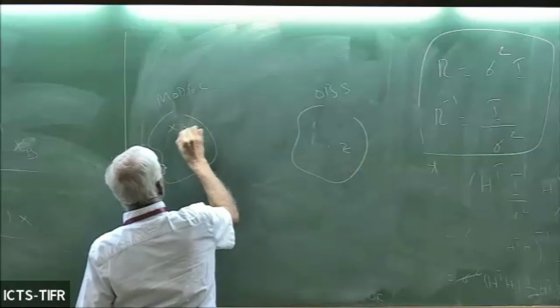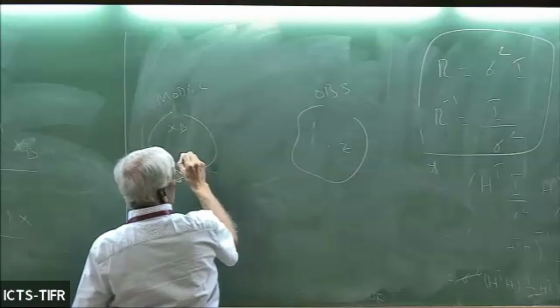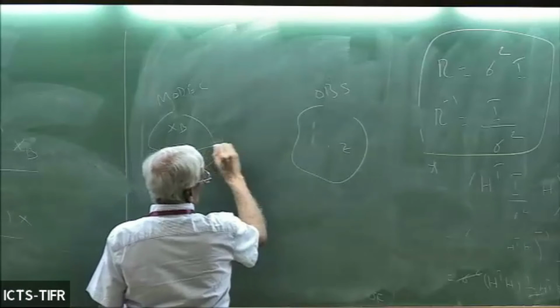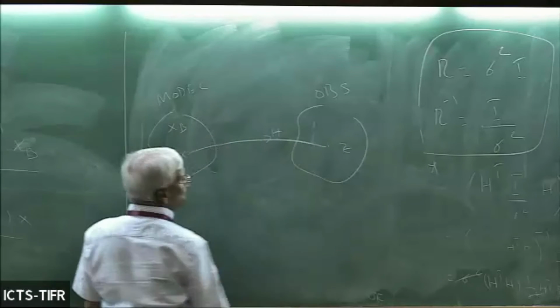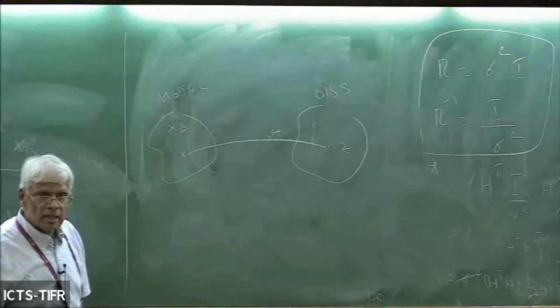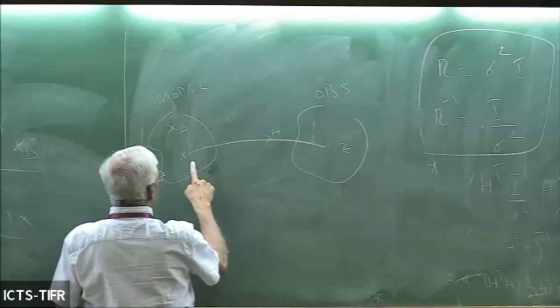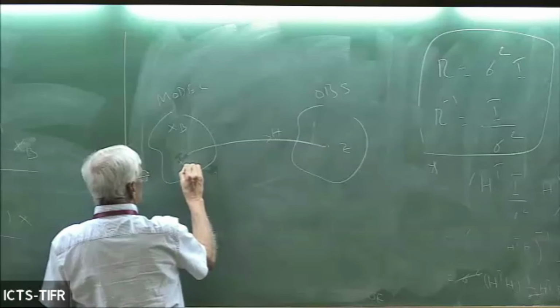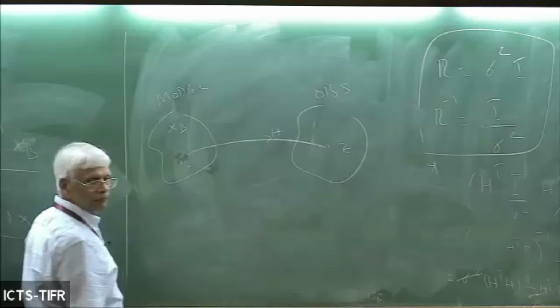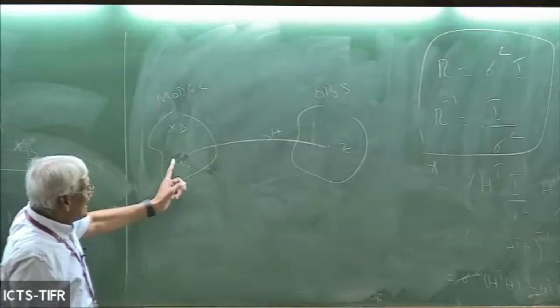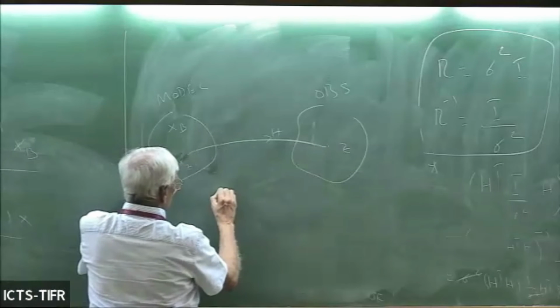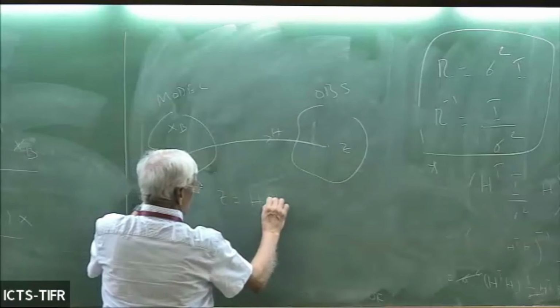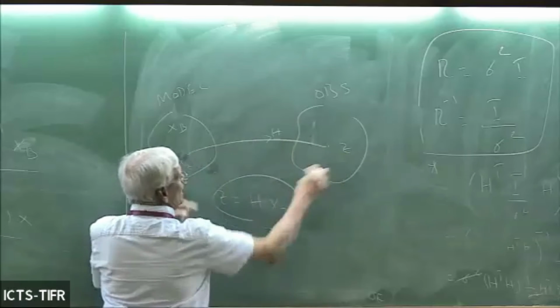There is an xb here. I want that x, that h. Are you with me? So this h is related to, let me simply say, xz. So xz is the point such that z is equal to h of xz. That comes up from here.